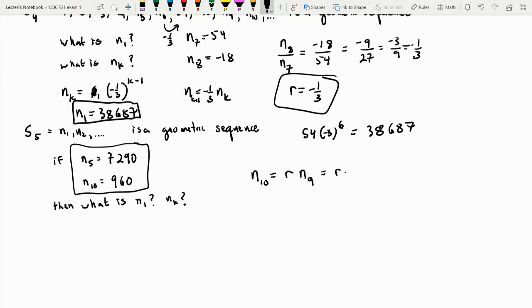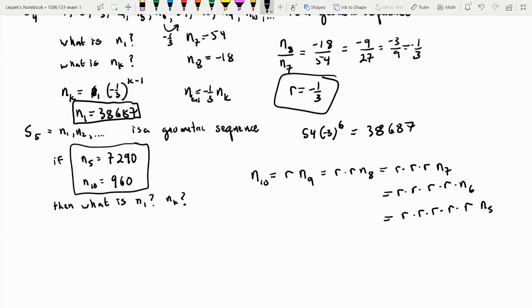But n9 itself will be common ratio times n8, and so on. n8 is the common ratio times n7. We can keep doing this until we get to n5, because that's the other known term.